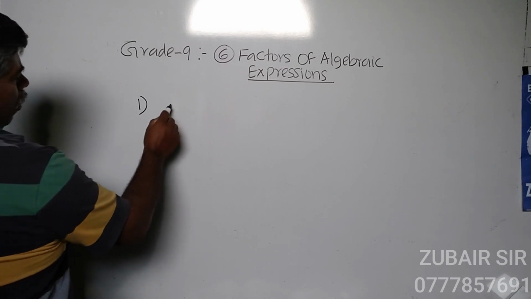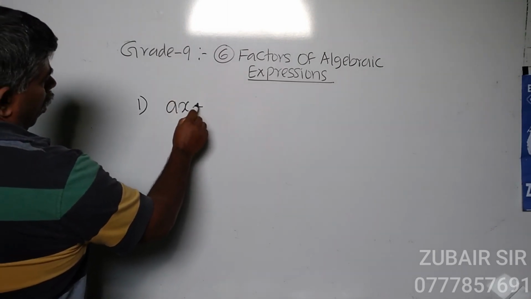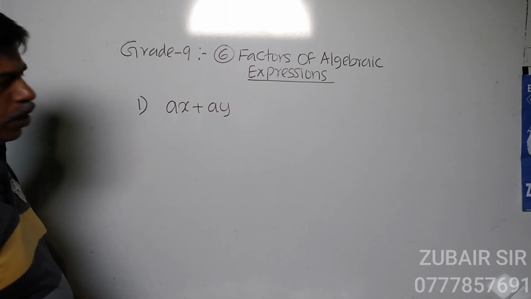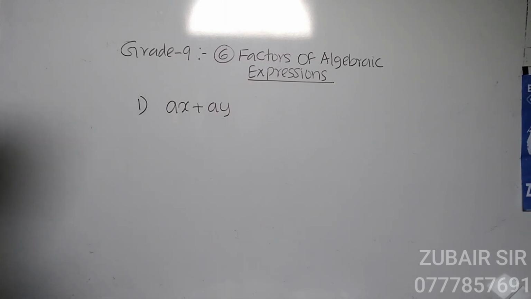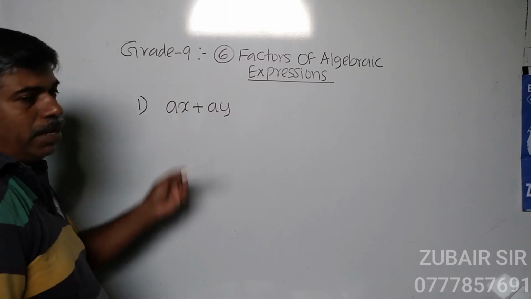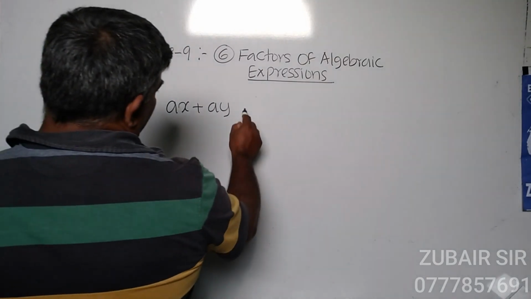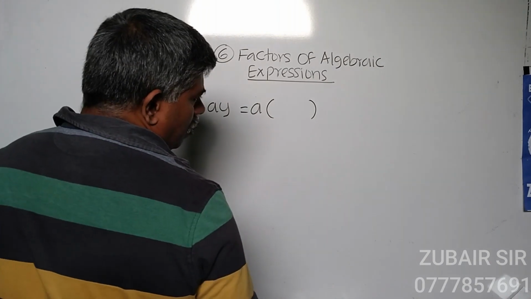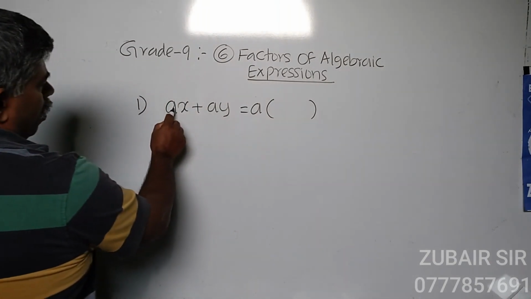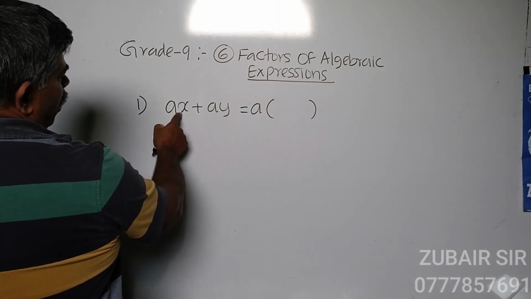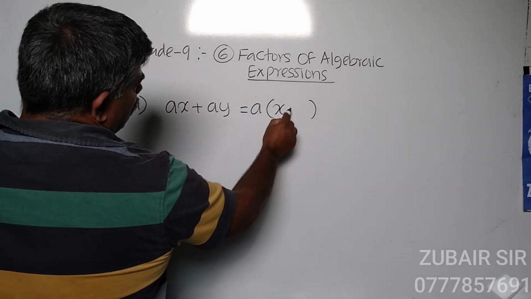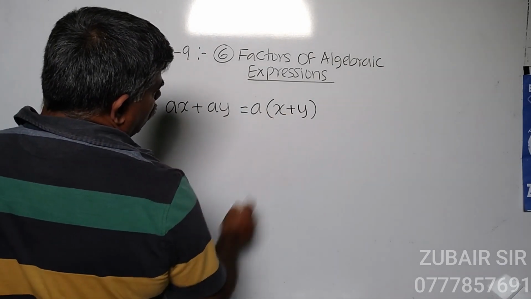Now say you are getting ax plus ay. When you get an expression as ax plus ay, both are having a. Because of that, we can separate the a and start a bracket. When you separate the a, x remains, and plus y remains.